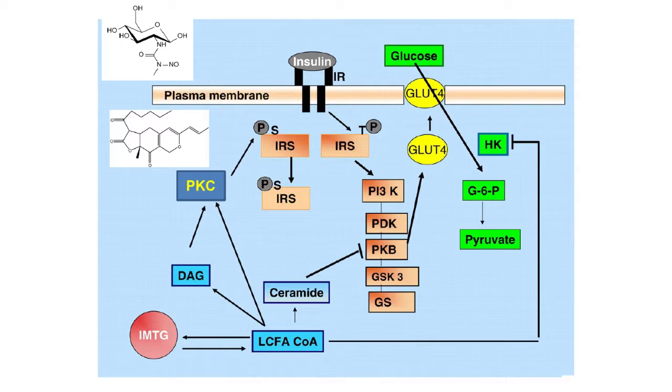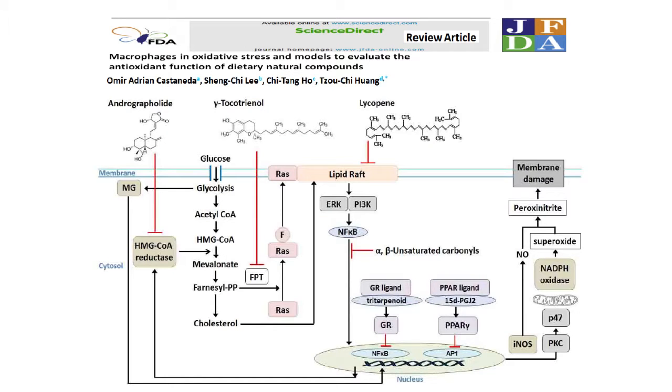In the review paper, we propose a detailed mechanism. The glucose, glycolysis, and synthesized cholesterol. We focus on the lipid drop because cholesterol is a major component to stabilize lipid drop.